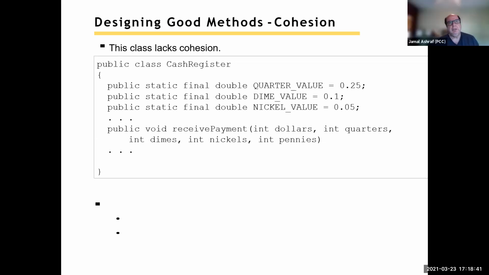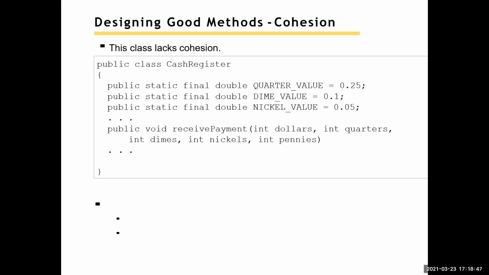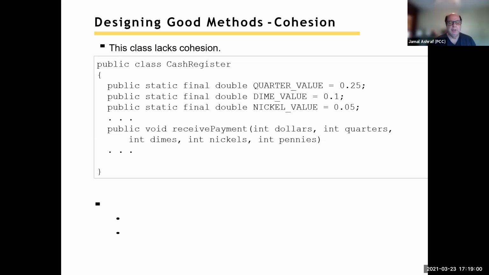So are you saying that the cash register's job is not to receive the money? I mean, I treat it as like a separate thing because one is just like values of what could be inside the cash register, if that makes sense. So you're talking about the balance of your cash register.